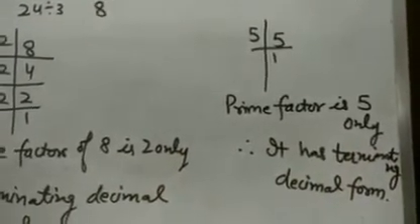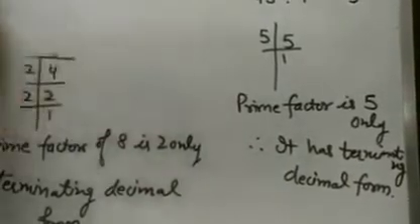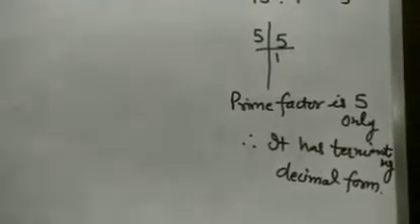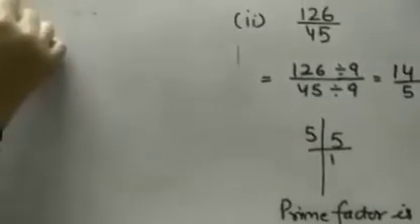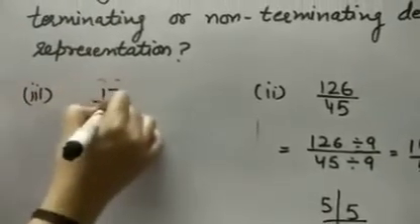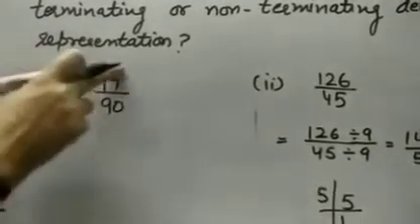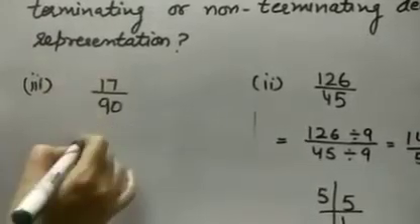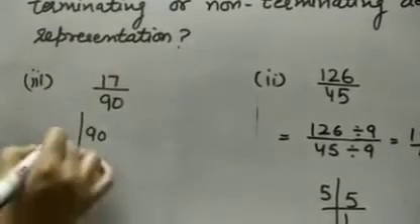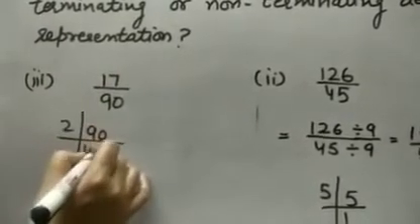One more example I want to show to you. 17 by 90. This rational number is already in the standard form. Find the prime factorization of the denominator only.